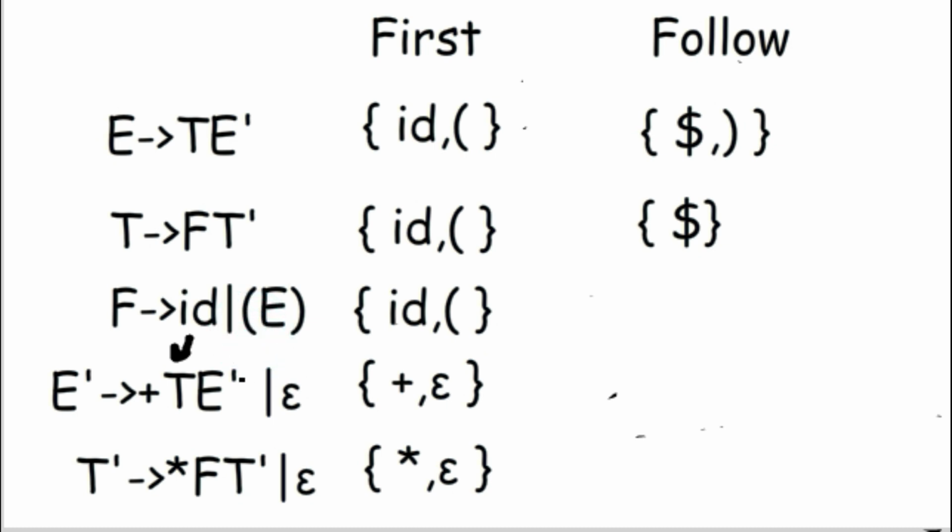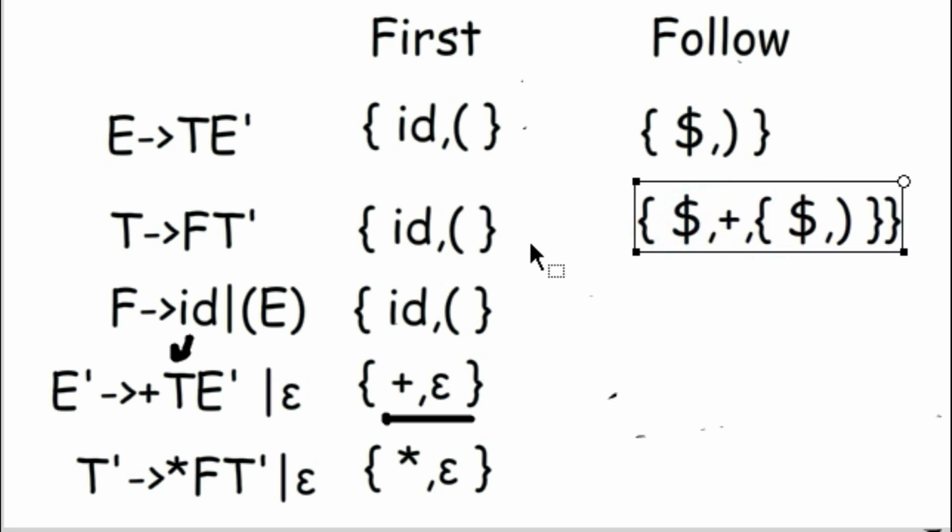Now what is first of e dash? That is the non-terminal symbol. We know this is e dash, and the first of e dash is plus and epsilon. And since e dash is after t, we have to find first of e dash, which is plus and epsilon. So we have to include plus and epsilon symbol in it.